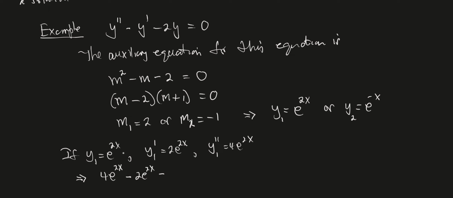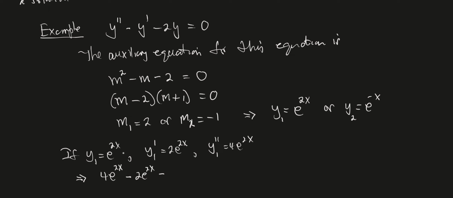Yes, this all cancels out, because 4e to the 2x minus 2e to the 2x minus another 2e to the 2x is 0. So that function does work. Fantastic. Let's see if the other function works. Let's see if our y2 works.